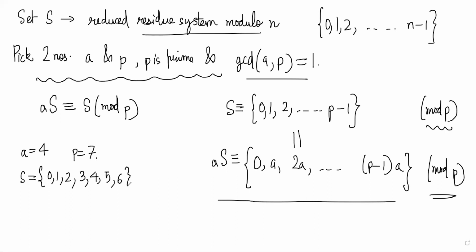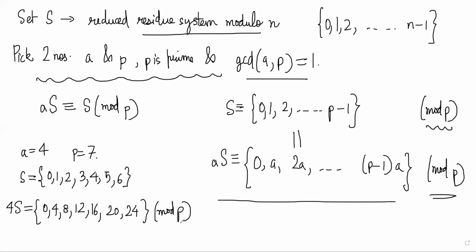And the set 4 times S is 0, 4, 8, 12, 16, 20, 24. If I do mod P here, this set will become 0, 4, 1, 5, 2, 6, and 3.